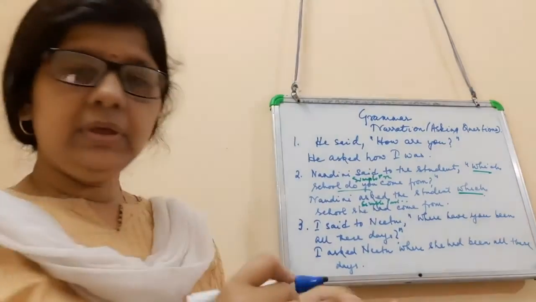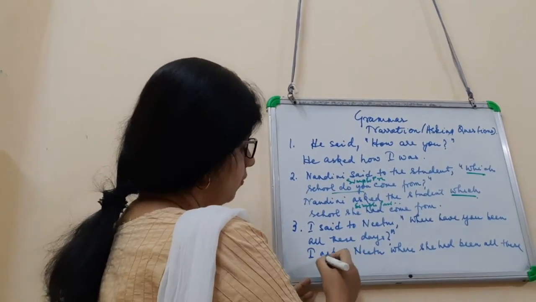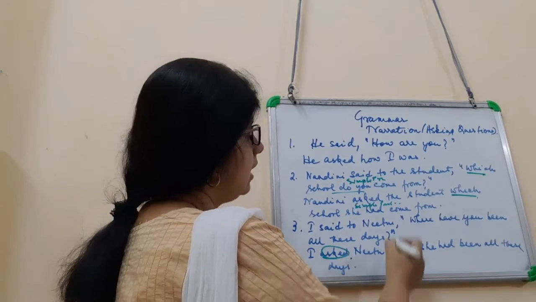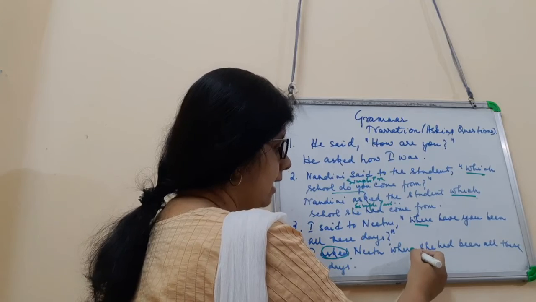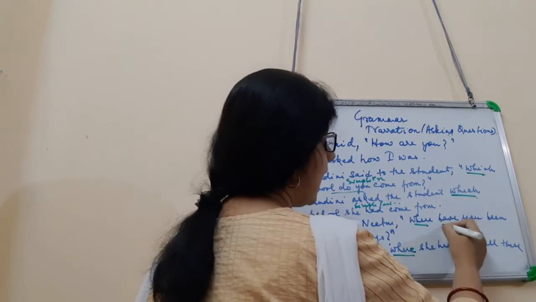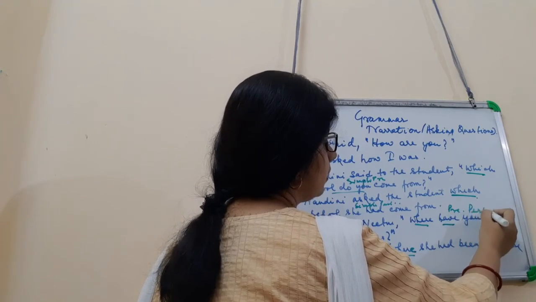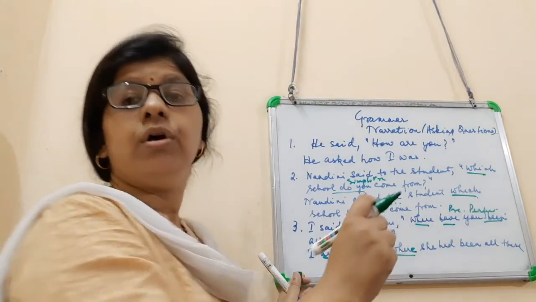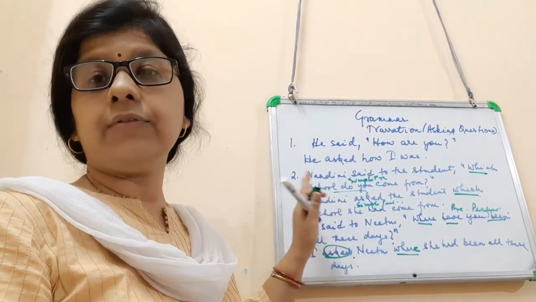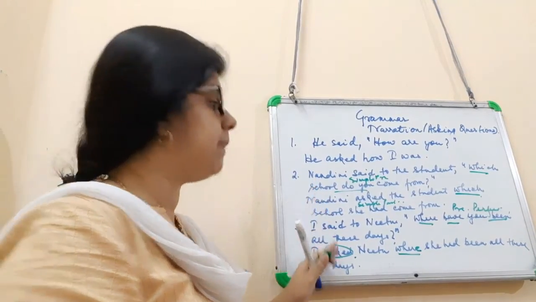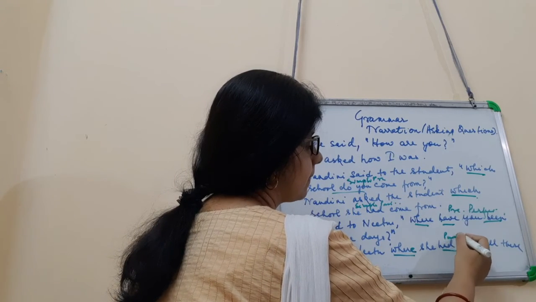So again I am using the verb asked here, and the WH question remains as WH question itself. This have been suggests that it is present perfect. According to the rule of changing from direct to indirect, when the reporting verb is in past tense, it changes to past perfect tense.